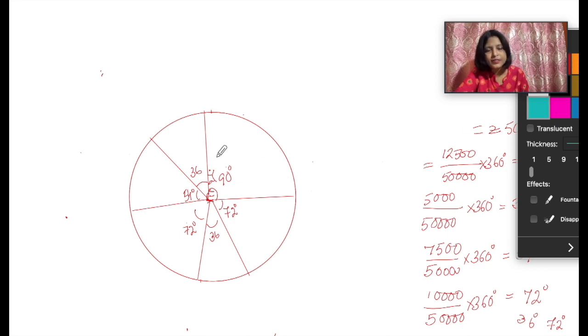So this can turn out to be blue, and if you look at the question, the first part represents food. The next part represents house rent. The next represents education.